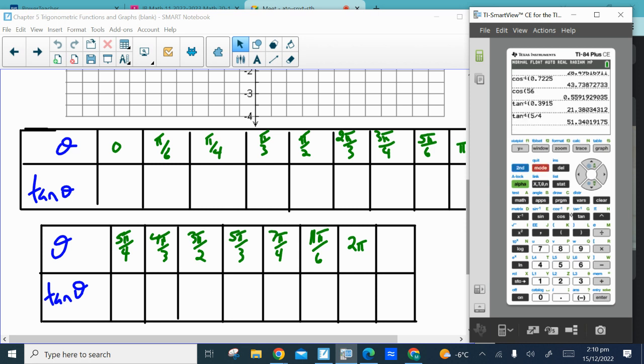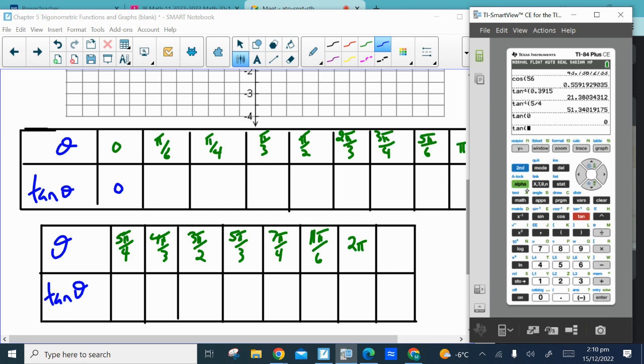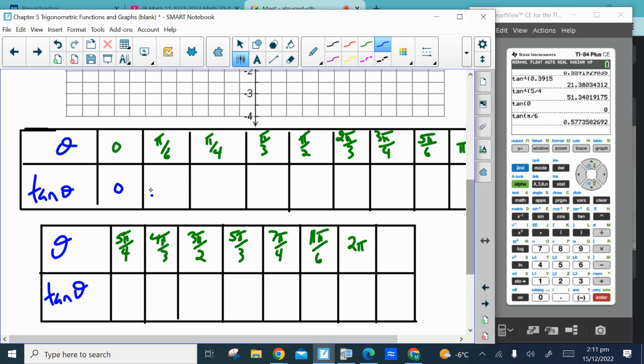If you take the tangent of 0, you'll get 0. The tangent of pi on 6 is 0.58. The tangent of pi on 4 is 1.